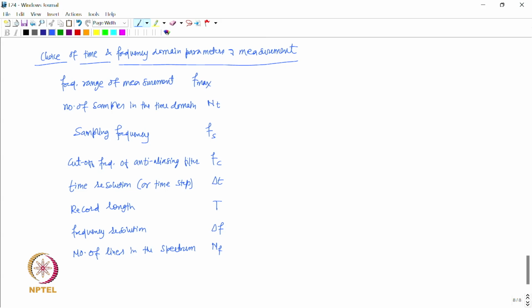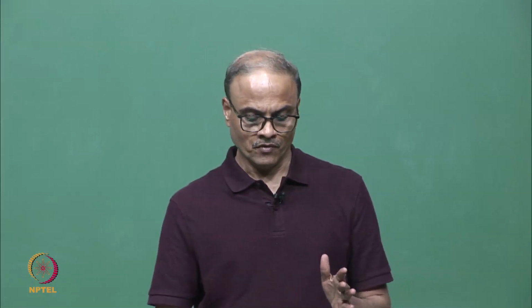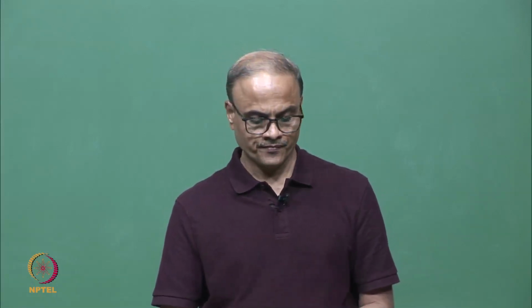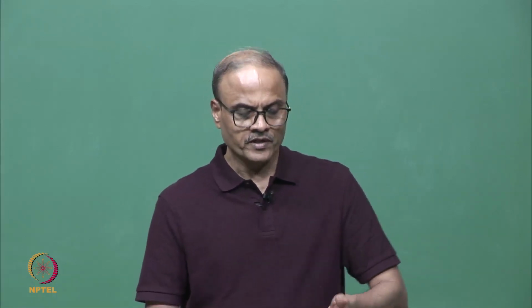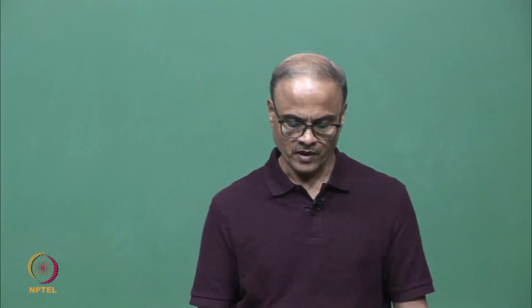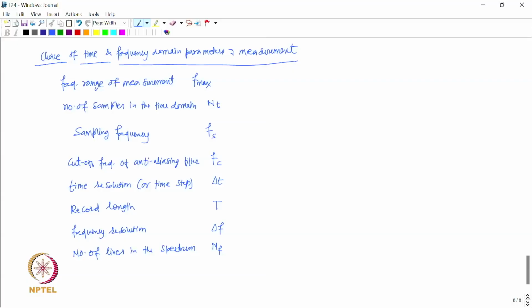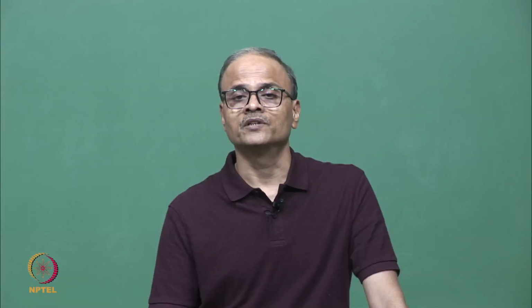Now, we earlier studied in signal processing that only 2 of these parameters can be independently chosen, while the rest of the parameters get fixed. The frequency range of measurement we already talked about today, and how that can be decided. So, let us say Fmax is fixed. The other parameter often provided in the FFT analyzer is the choice of number of samples in the time domain, that is NT.